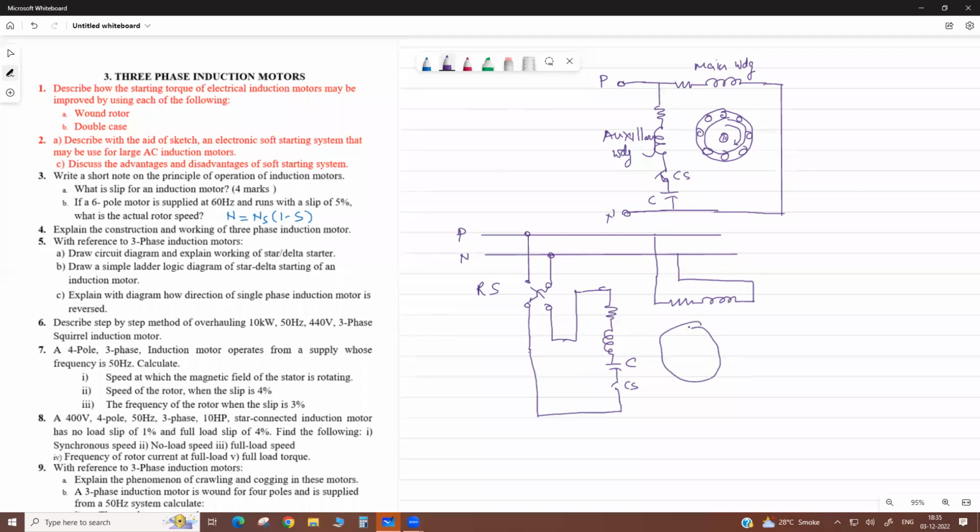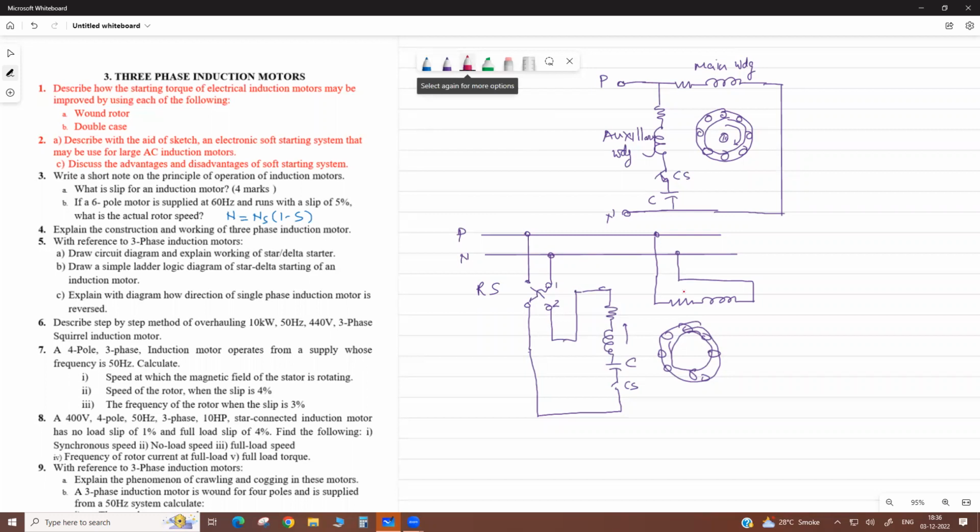This is your squirrel cage rotor. So by changing the polarity here, if we change the position of this switch to 1 and 2, then the direction of current will change here.